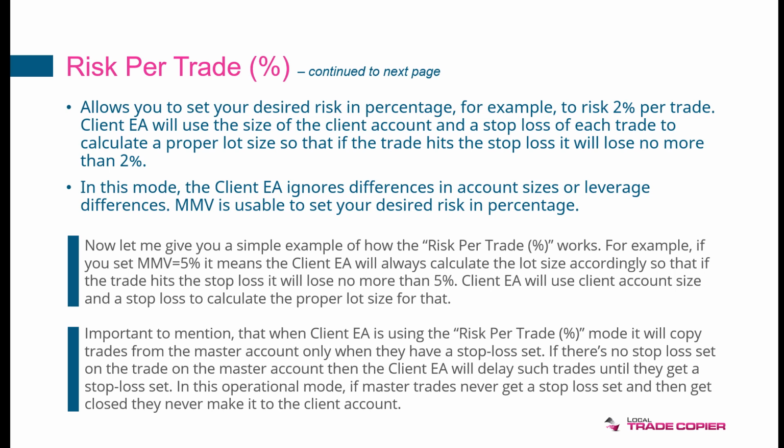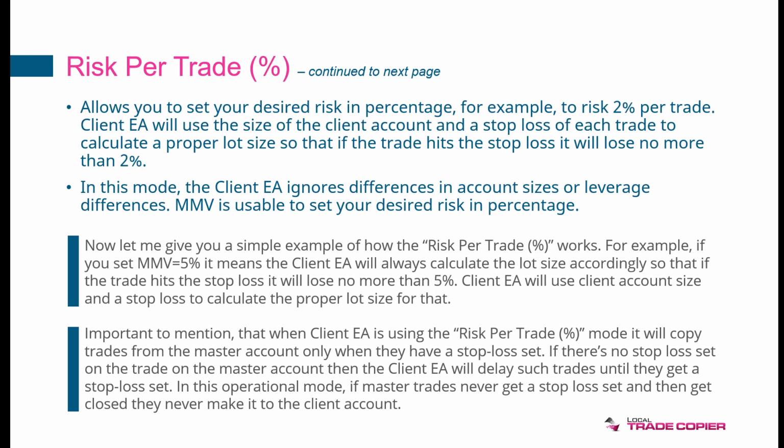So let's take an example that if we set the MMV to 5%, it means the client EA will always calculate the lot size accordingly, so that if the trade hits the stop loss, it will lose no more than 5%. Well, roughly 5%, I would say, because there might be slippages and stuff, but it will be roughly 5%. So client EA will use client account size and the stop loss to calculate the proper lot size for that.